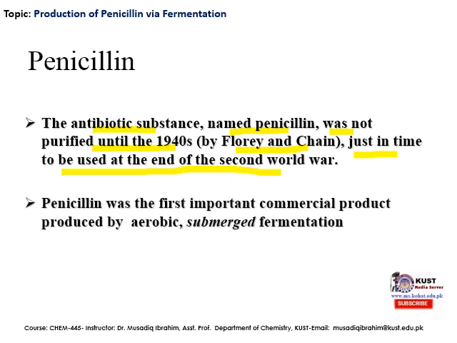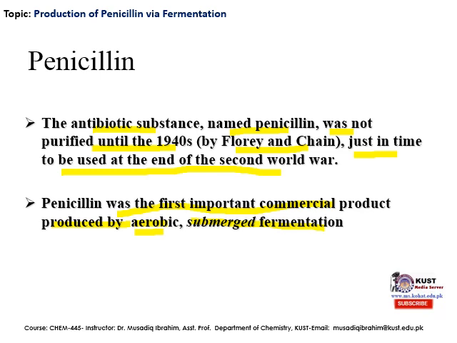Now, penicillin was the first important commercial product which was produced by aerobic submerged fermentation. So it means that the process of fermentation was carried out in the presence of air, and penicillin was produced by the process of fermentation, and not by the process of synthetic chemistry.